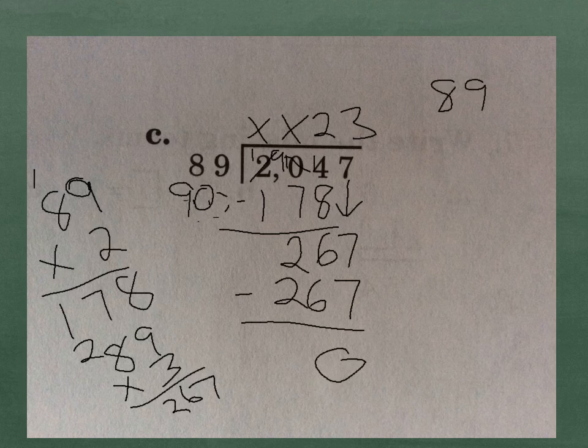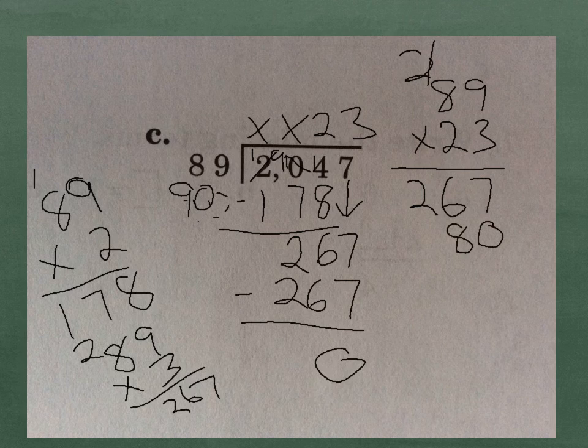89 times 23. 3 times 9 is 27. 3 times 8 is 24, plus 2 more is 26. 2 times 9 is 18. 2 times 8 is 16, plus 1 more is 17.